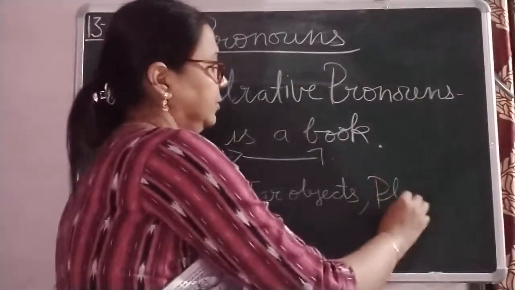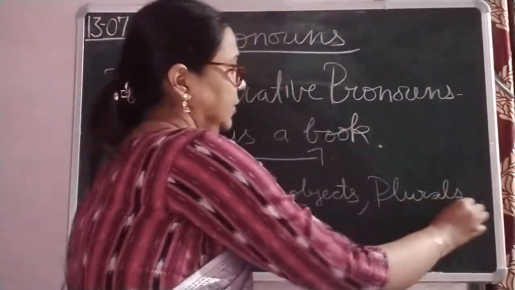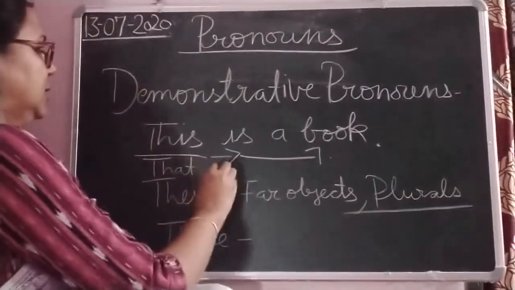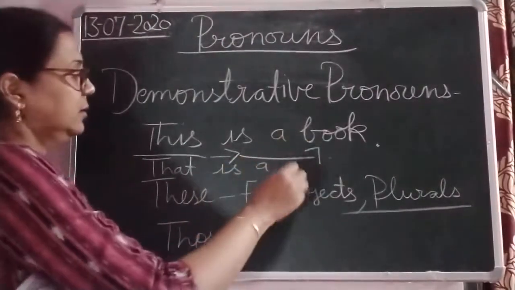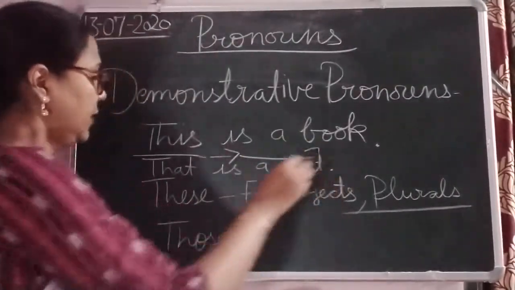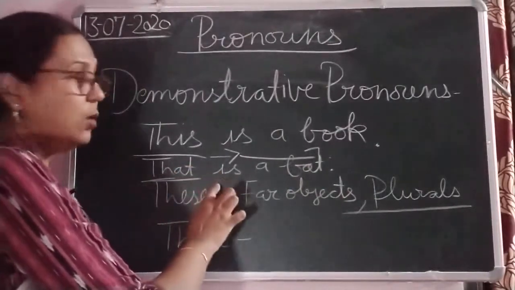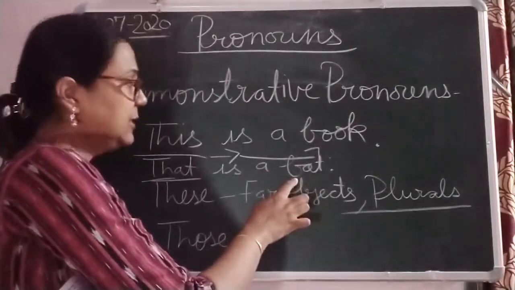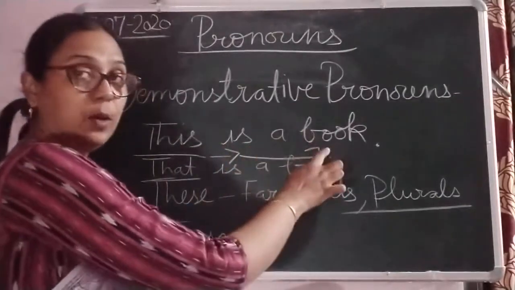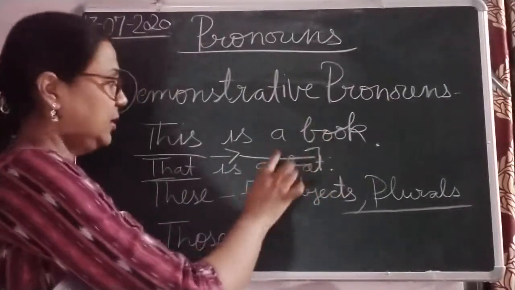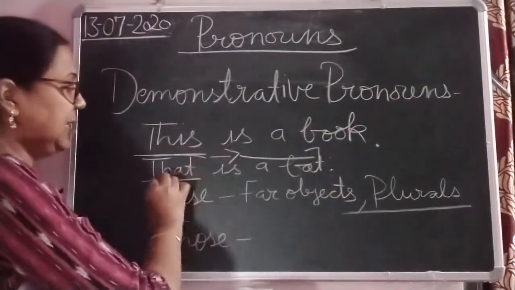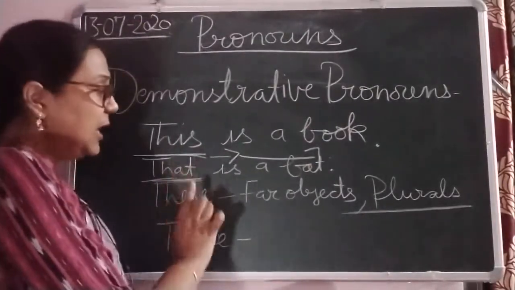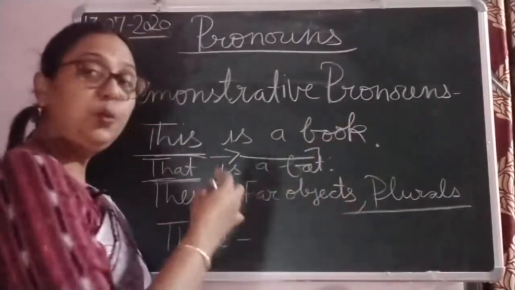So always keep in mind, that is a bat. So here you can see that. I am talking about a singular object, that is a bat, and that is a book. This is a book, so this is also a singular object. So here we have used this and that, and when we are going to use these, we are talking about the far object and the plural also.